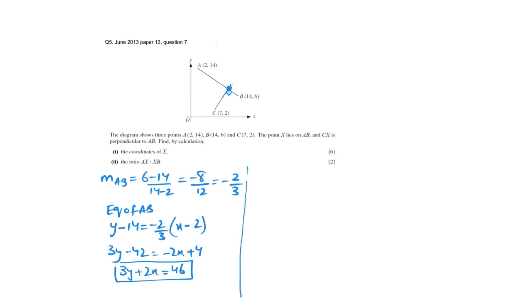We know that CX is perpendicular to AB, therefore the gradient of CX would be the negative reciprocal of the gradient, so it would be 3 over 2, and the equation of CX would be y minus y1 equals m times (x minus x1), giving 2y minus 4 equals 3x minus 21.